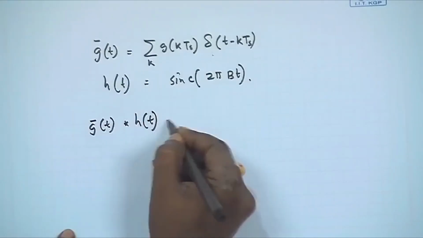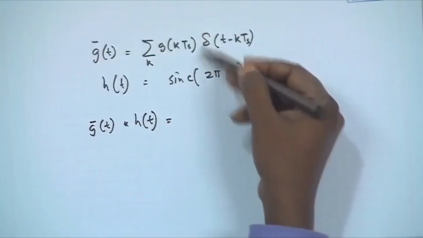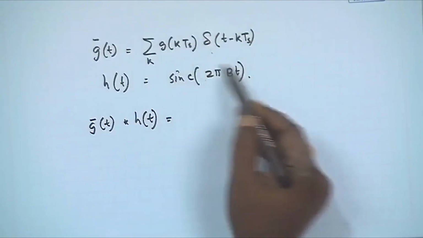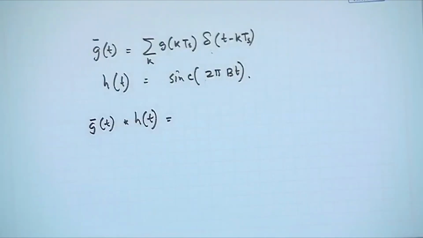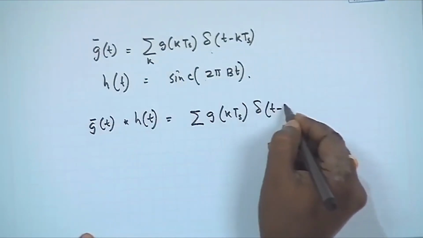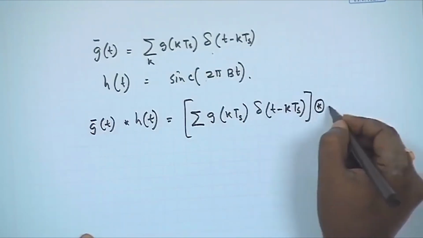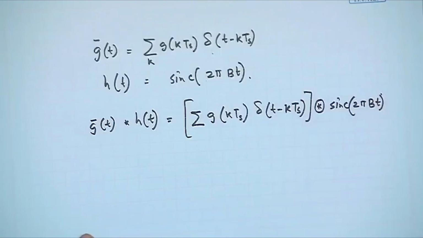So, g hat(t) convolved with h(t), what is that? This convolved with this one, but this is a delta function. So, convolution will just keep this signal intact, but it will just go at that delta location, right. So, what will happen? It will be just this g(kTs) delta(t minus kTs), this whole thing convolved with sinc 2 pi bt, right.